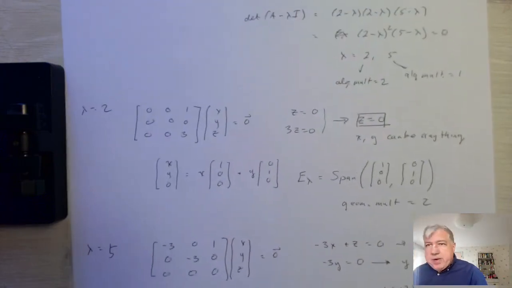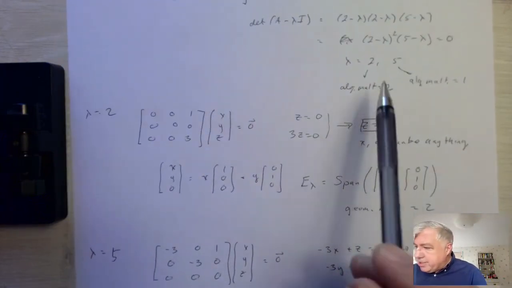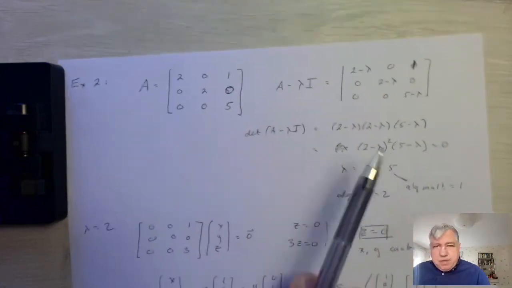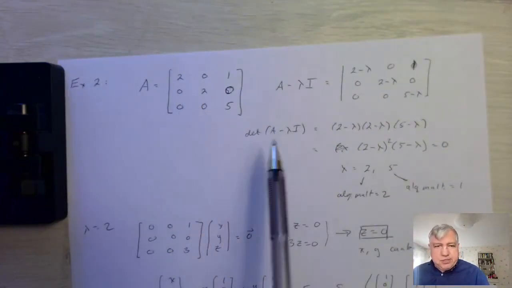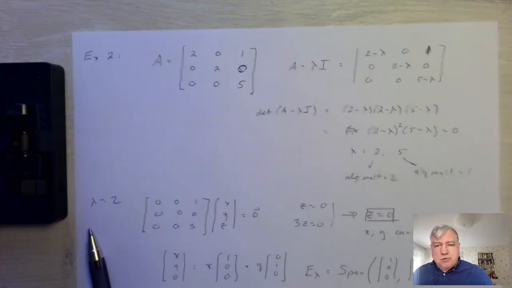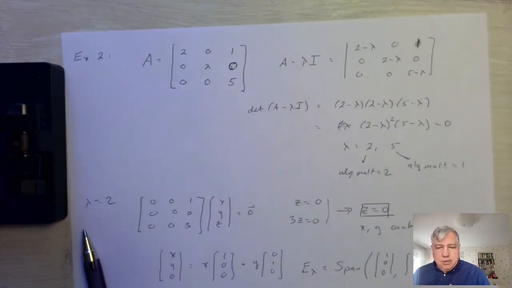One thing before we go on: if you have an n by n matrix, the characteristic polynomial is always going to be a polynomial of degree n. We've gotten lucky so far because we've come up with degree 3 polynomials, and in general there's no nice way to find the roots of a degree 3 polynomial.